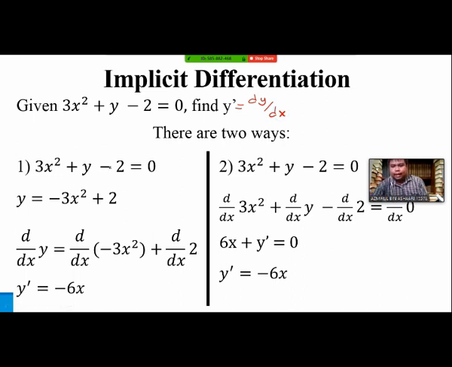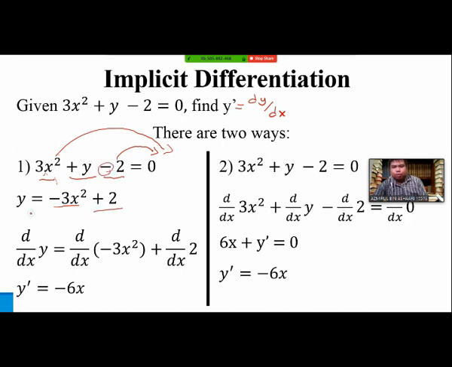Okay, in this case, you have 3x squared plus y minus 2. I can move negative 2 to the right side, and also this one, 3x power of 2, to the right side. So 3x power of 2 to the right side becomes negative 3x squared, and negative 2 becomes positive 2.